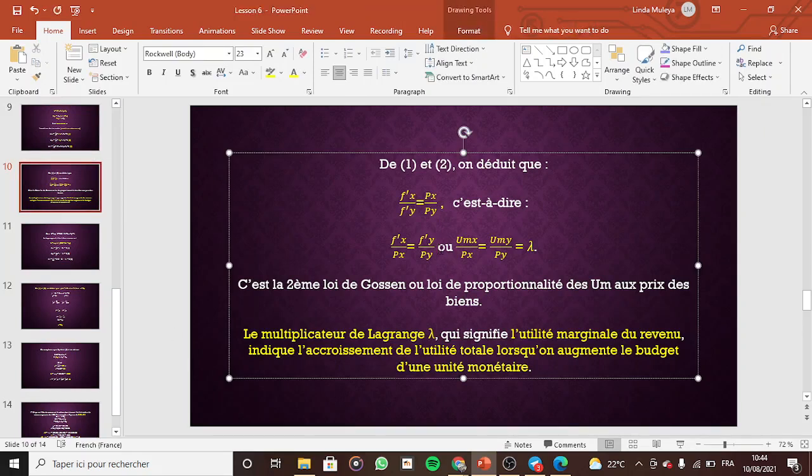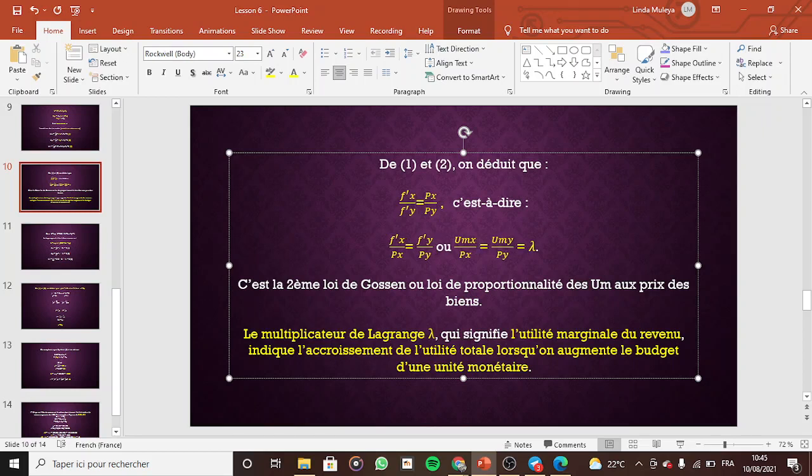And then it says that you can also interchange this formula by saying f prime of x over price of x is equal to f prime of y over the price of y. It's the same as equating the marginal utility of your goods by saying umx over price of x is equal to umy over price of y, and all of this gives you the value of Lagrange.